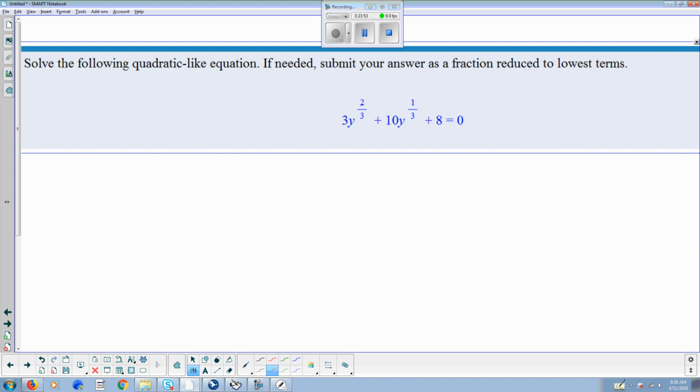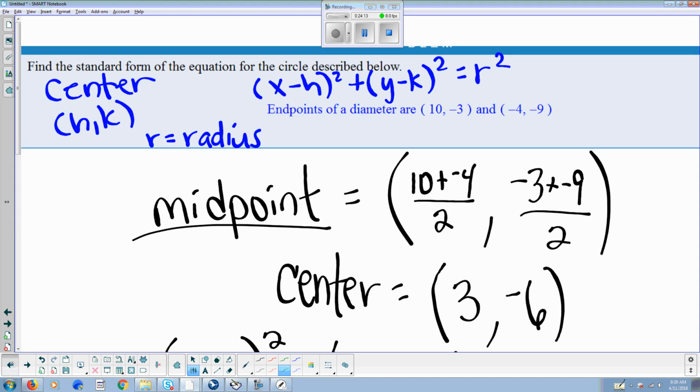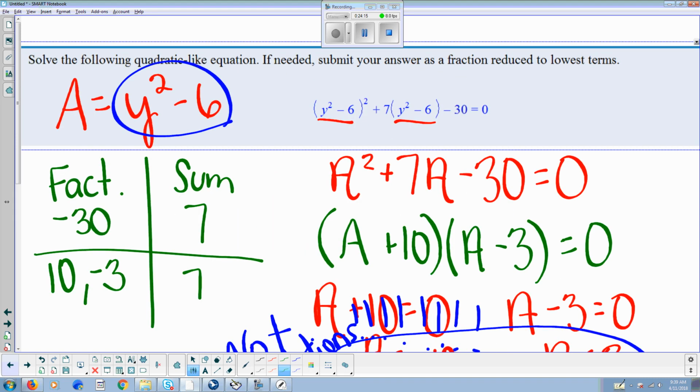So what we are seeing here is that we are going to let capital A equal y to the 1/3 power. If you go back to the last quadratic-like problem that we did, just to remind you, we let capital A equal this middle quantity, which is raised to the first power.